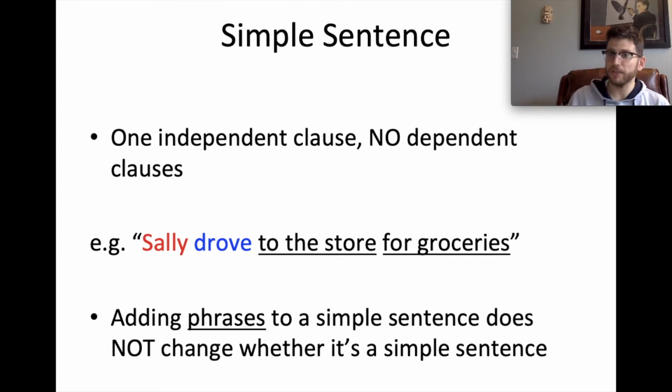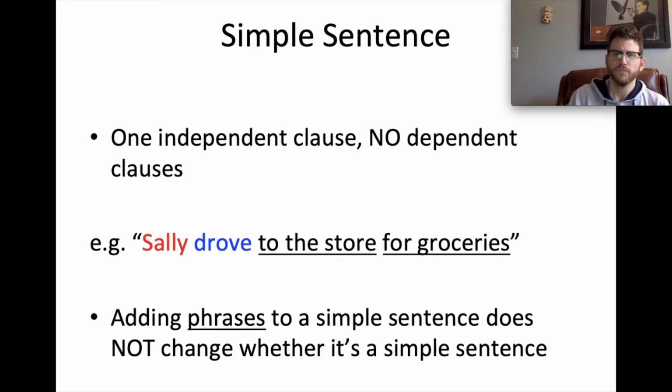What makes an independent clause independent is that the subject and verb can stand on their own as a complete thought. A dependent clause has a subject and a verb as well because it's a clause, but it cannot stand on its own. And if you want more info on that, watch that video on phrases and clauses.